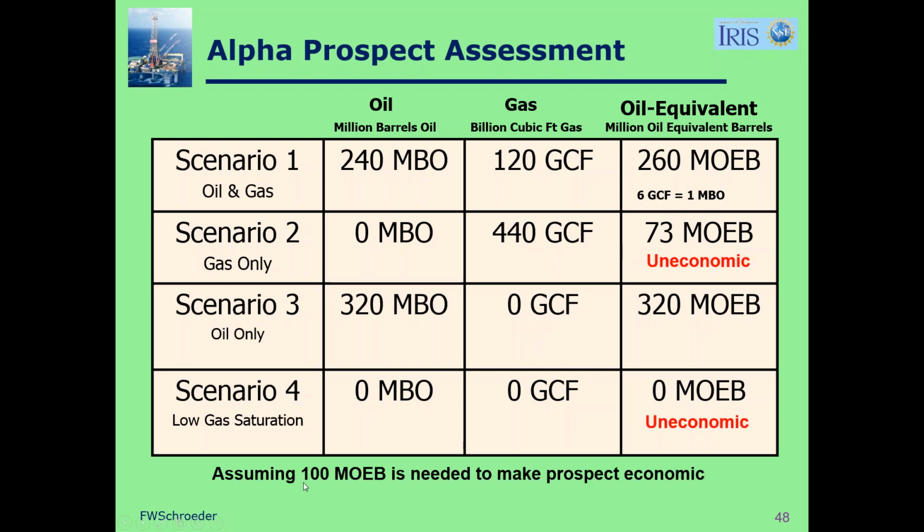If in this area we needed 100 million barrels equivalent in order to make it economic, we have more than 100 here. We don't have 100 here, so this would be non-economic. We have 320, more than 100 here, so this we would make money off of, and this certainly we wouldn't make money off of. So this is the type of analysis that explorationists would go through to get the prospect ready to present to management.